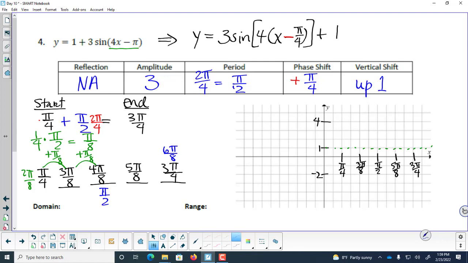Okay. So what are we doing? We're doing basic sine. Remember sine, beginning, middle, and end? We're on the midline. We go up to the top first, down to the bottom second, and there is no reflection, so that's our shape. Practice those basic ones. Okay, so here's the beginning, pi over 4. Halfway, we're on the midline.